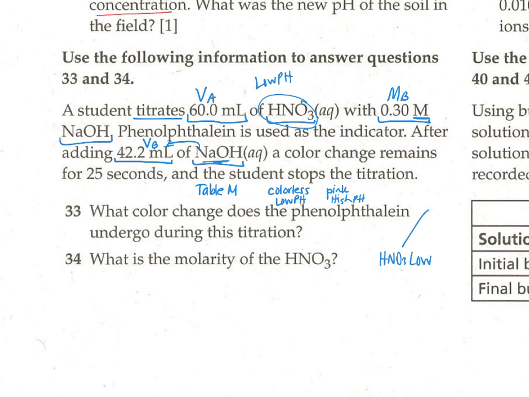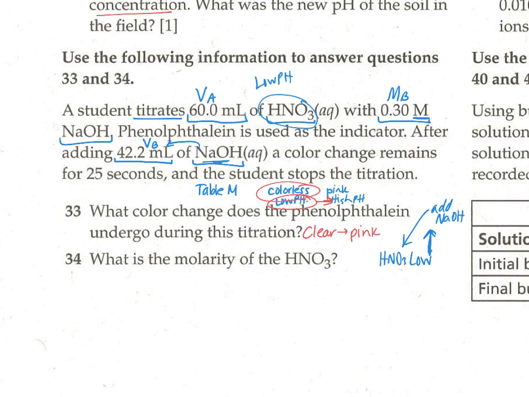And then we add base to it, and the pH starts to rise. So as the pH starts to rise, the color which started out clear would turn to pink. So what color change does it undergo? You could just say clear to pink, or it changes pink.